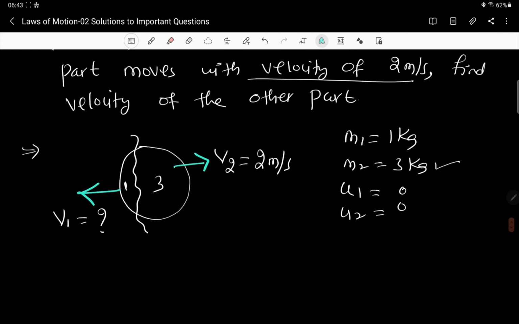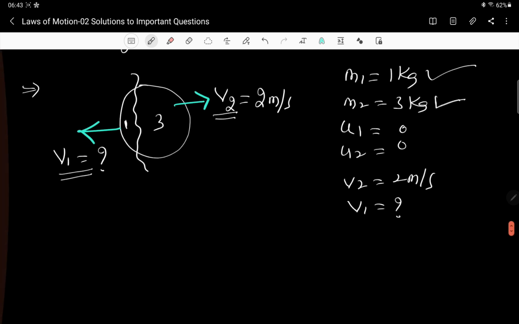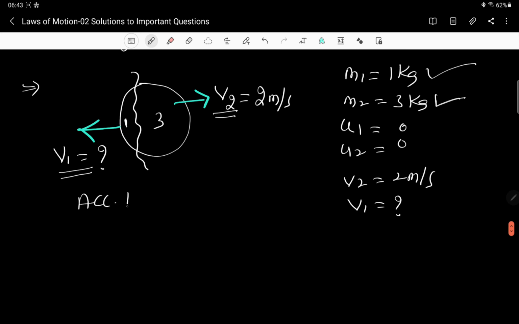All right, so v2 is given here. So what is the value of v2? The value of v2 is 2 meter per second. Now they are asking for the velocity of the first part. Correct, no? All right, so this is why I called it v1, because I have taken its mass as m1. Why have I called this v2? Because I have taken its mass as m2. All right, now according to law of conservation of momentum.